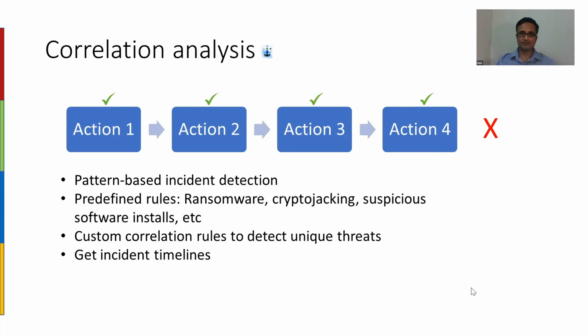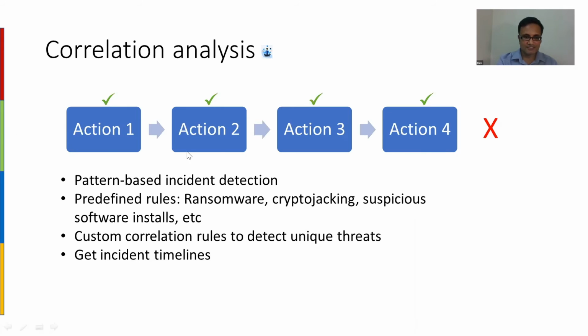So let's take a look at correlation analysis in Log 360 in just a moment. Before we do that, just take a look at this. When it comes to correlation analysis, we are not looking at action 1 or 2 or 3 or 4 in isolation. Each of these considered in isolation may or may not be malicious.